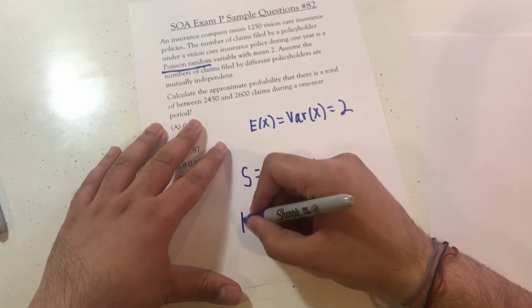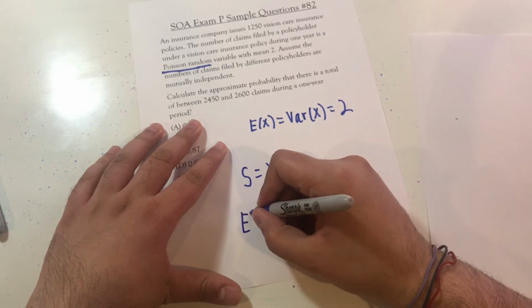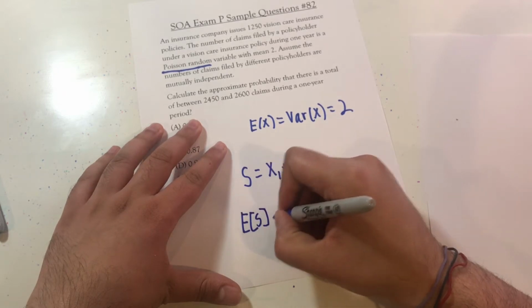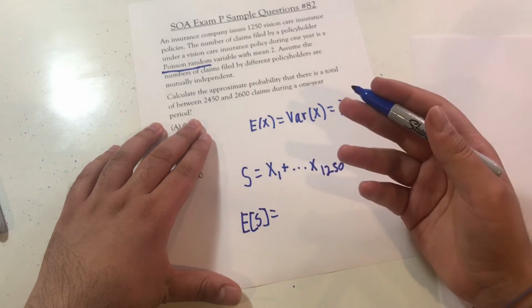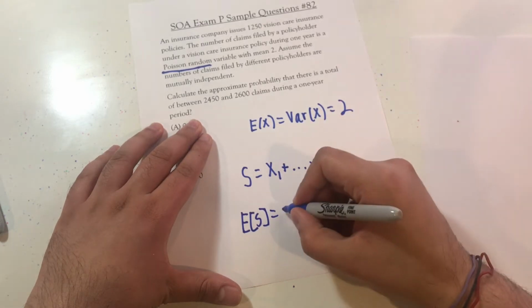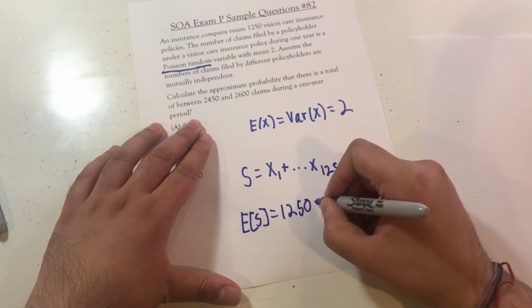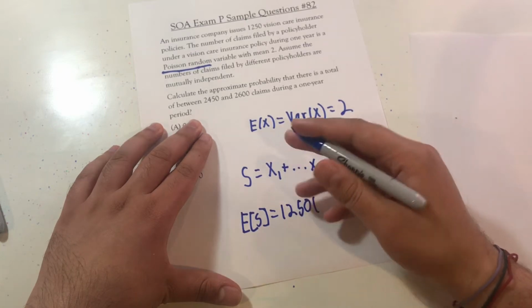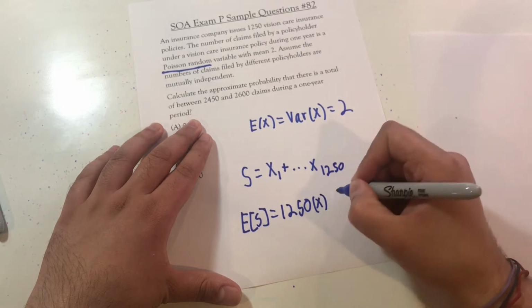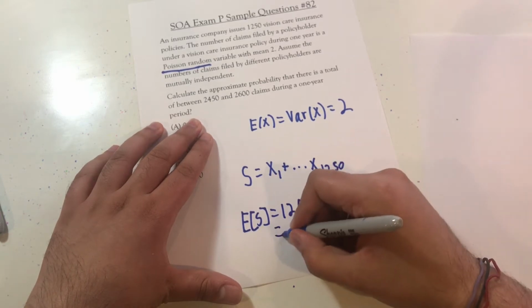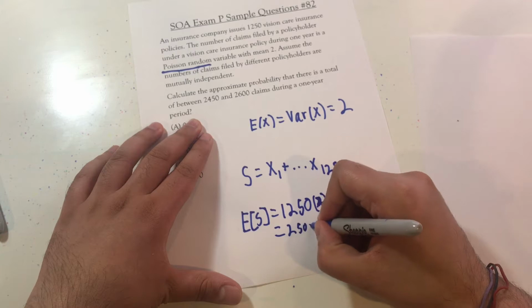So the expected value of S is simply the number of claims we have, 1,250, multiplied by the expected value of X, which is 2. And that is 2,500.